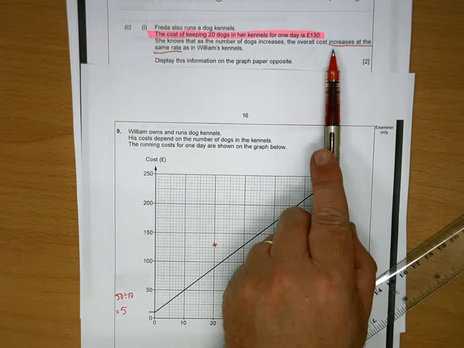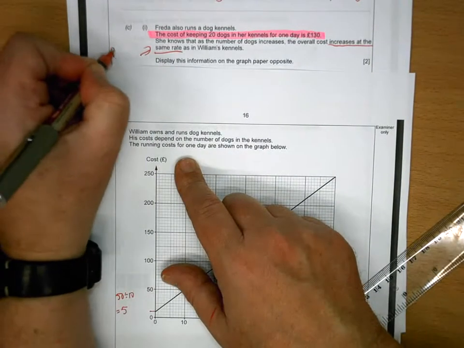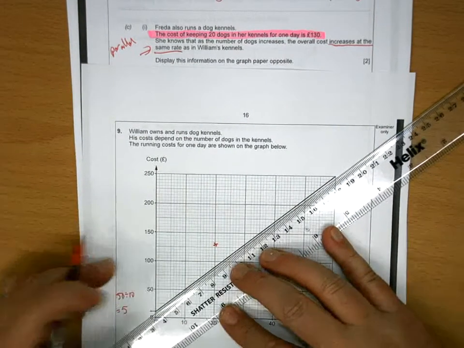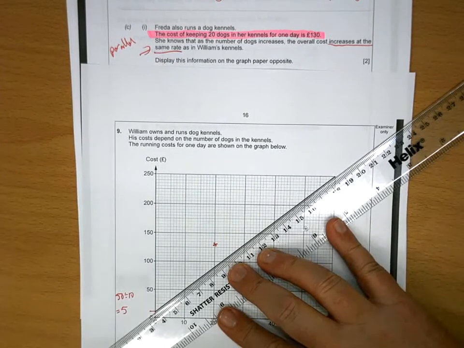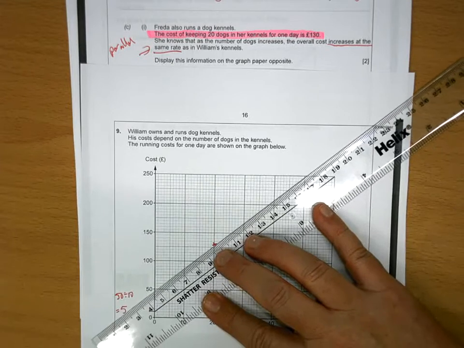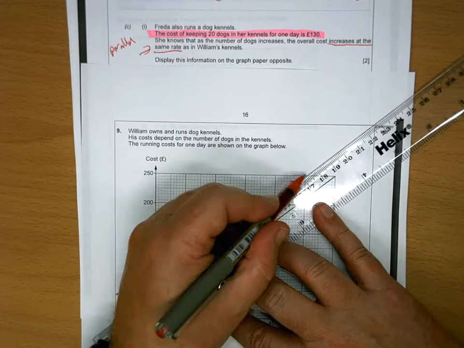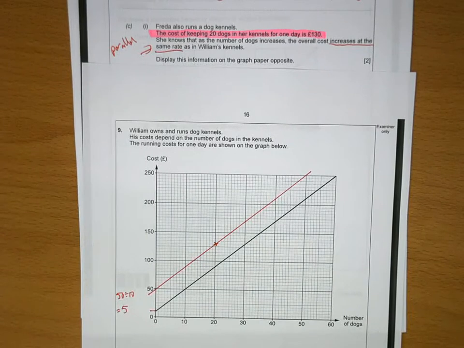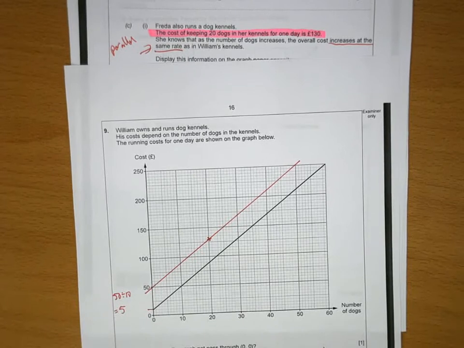So this bit of information here, increases at the same rate, means it's going to be parallel. So the way to do that on your graph is line your ruler up with the line that's on there, and then you want to slide it carefully so that it doesn't twist until it's going through the point we've plotted. Okay, so you get your parallel line.